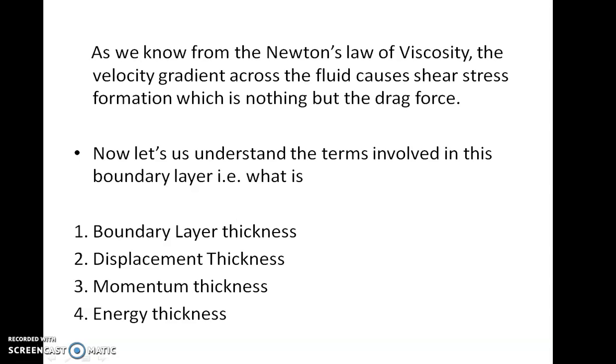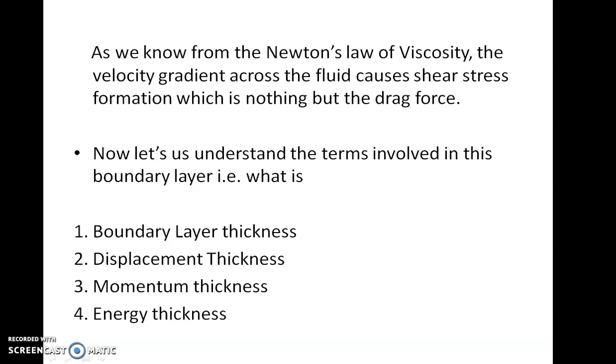First of all, let it be clear that the boundary layer is an unavoidable phenomenon. It means there is not a single example in the world where there is no boundary layer. Boundary layer is an inherent phenomenon associated with any type of solid body. So it is always there.